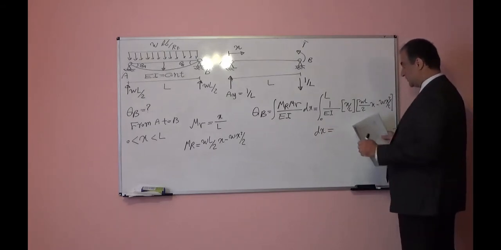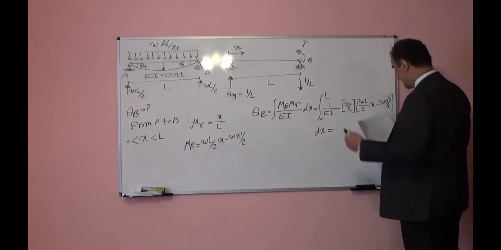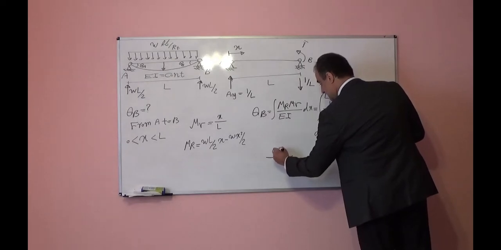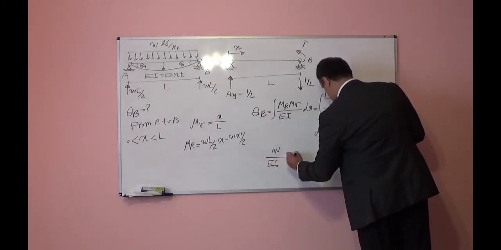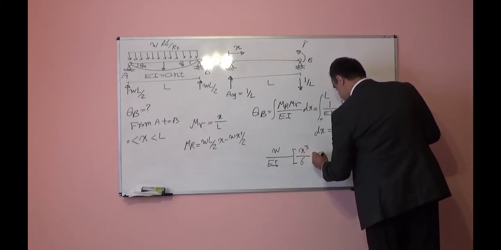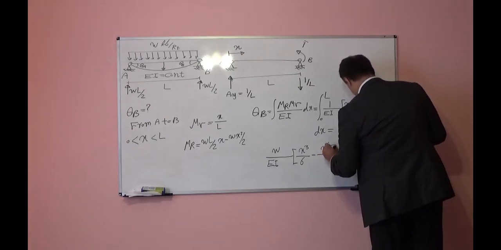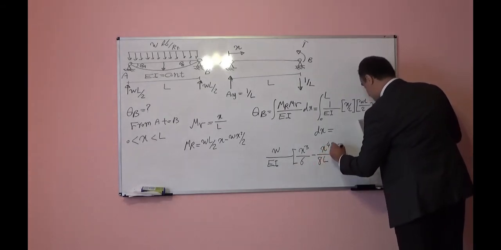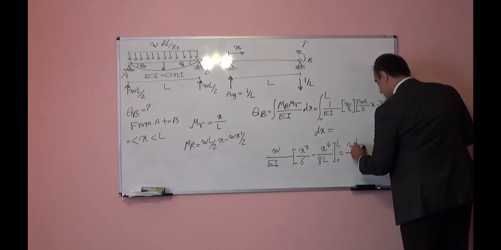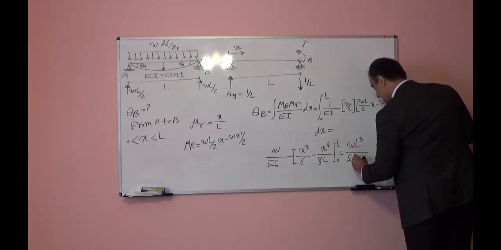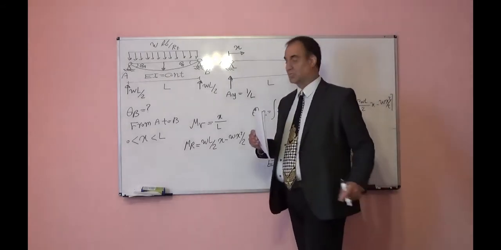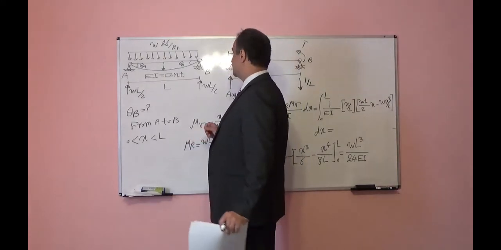Because 1 over EI is constant, we can pull it out of the integration. So here we will have W over EI times X cubed over 6 minus X to the power of 4 over 8L, from 0 to L. This will be equal to WL cubed over 24 EI. The end result, it is good to memorize, because you can use that result.